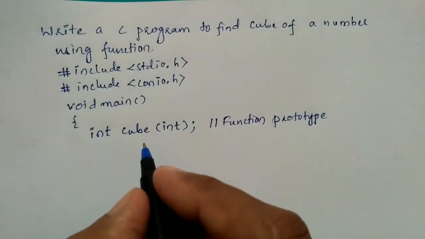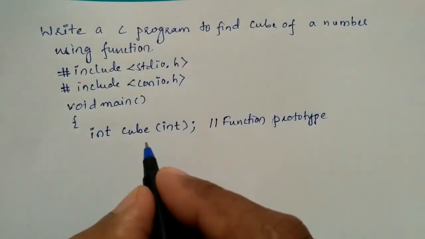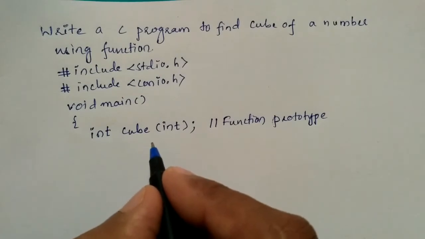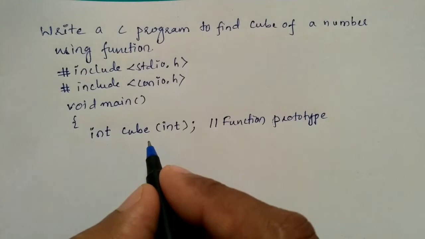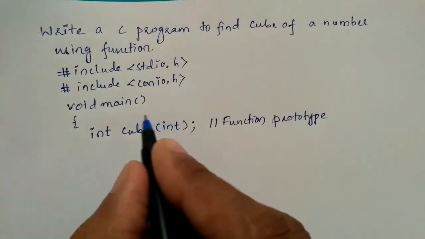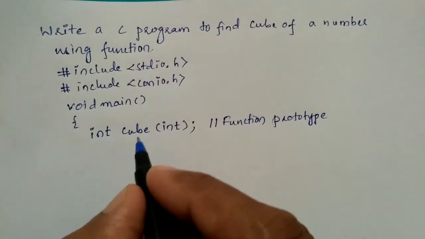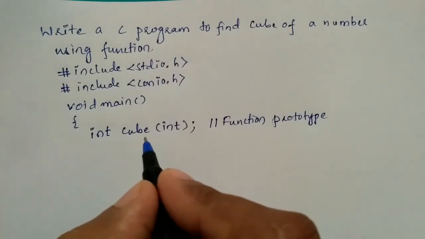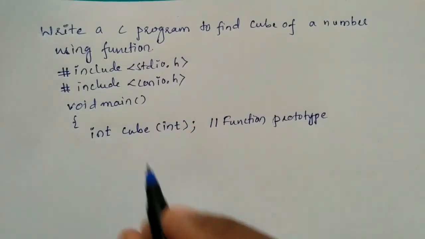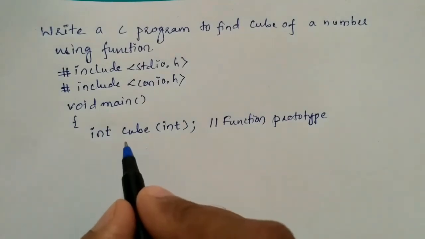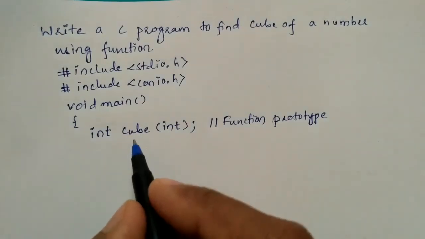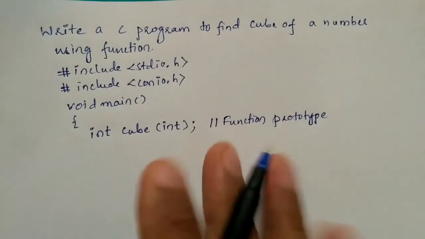Function prototype is a declaration of a function that creates interface for the compiler that tells the compiler this particular function is present and search for the same and then execute the instructions written in it. Which is similar to declaring the variables before using them in the function. We have to declare the function.